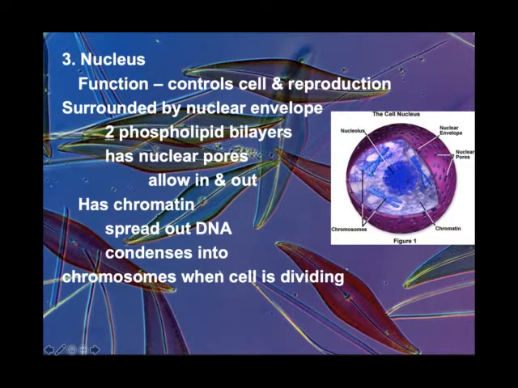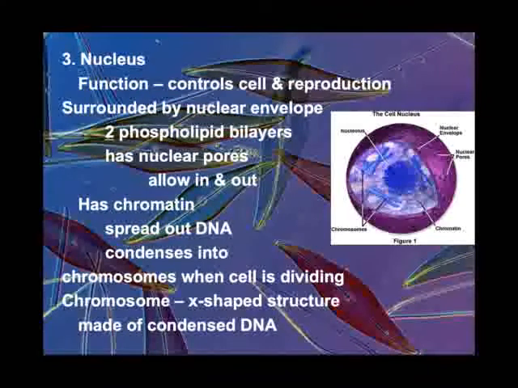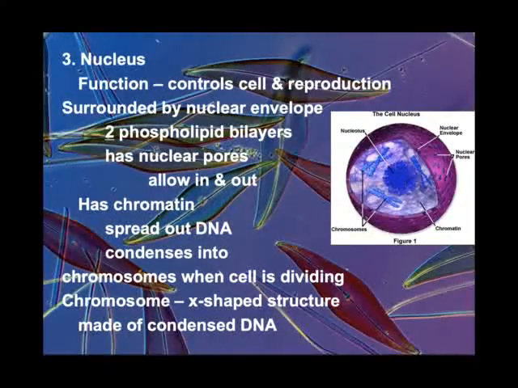These are the classic X-shaped structures in the nucleus. You only see chromosomes when the cell is getting ready to divide or is in the process of dividing. A chromosome is nothing more than a bunch of condensed, orderly DNA.